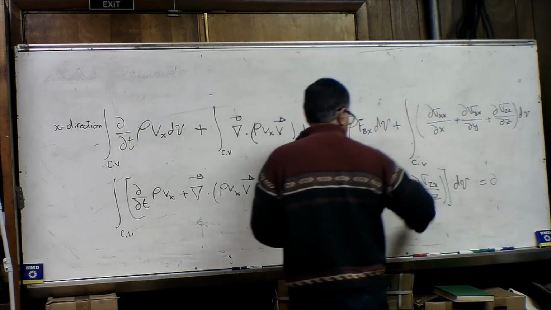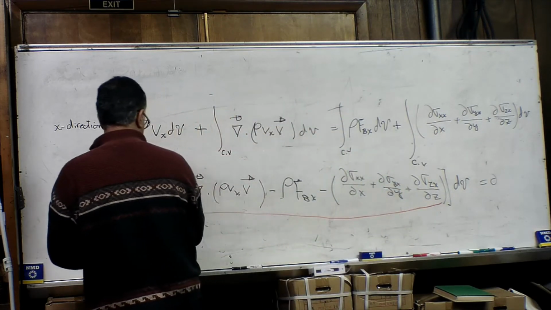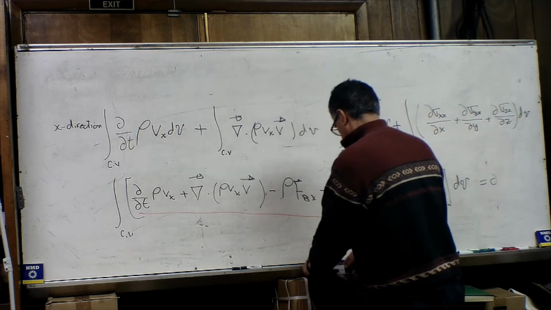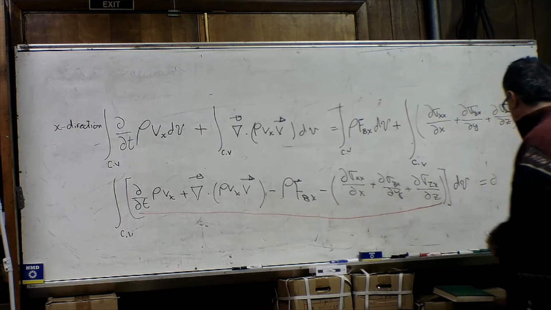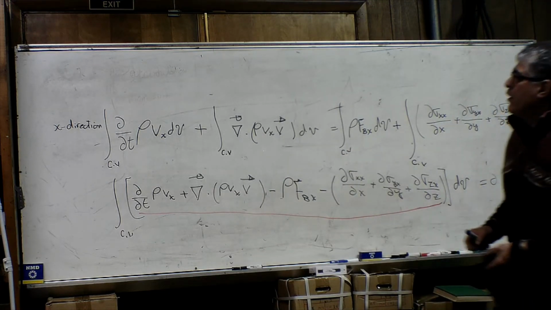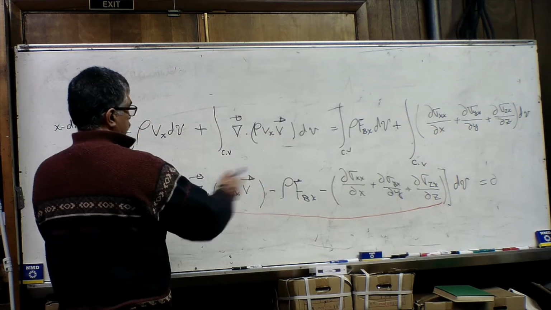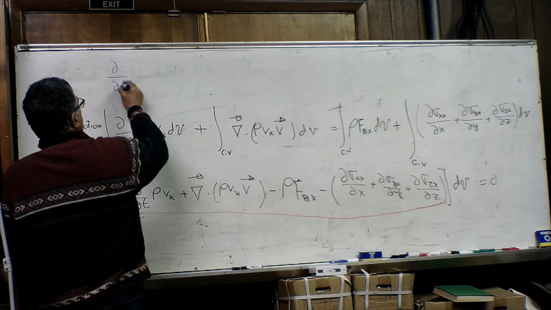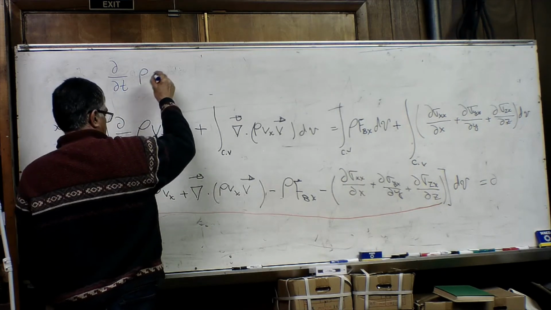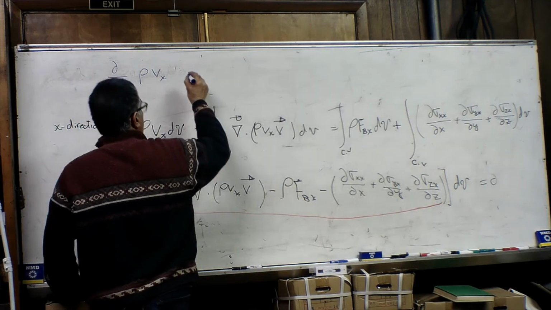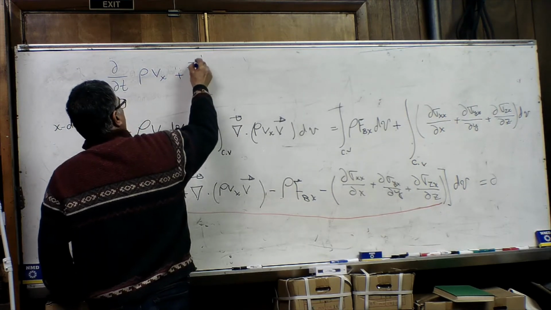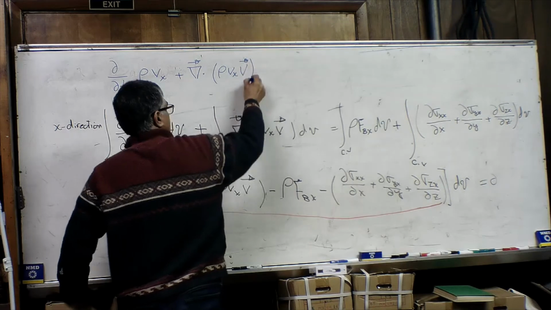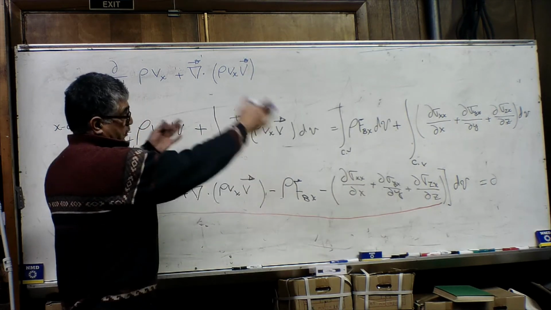So the partial derivative with respect to time of rho vx plus del dot rho vx v, let's again write it in a form like this.